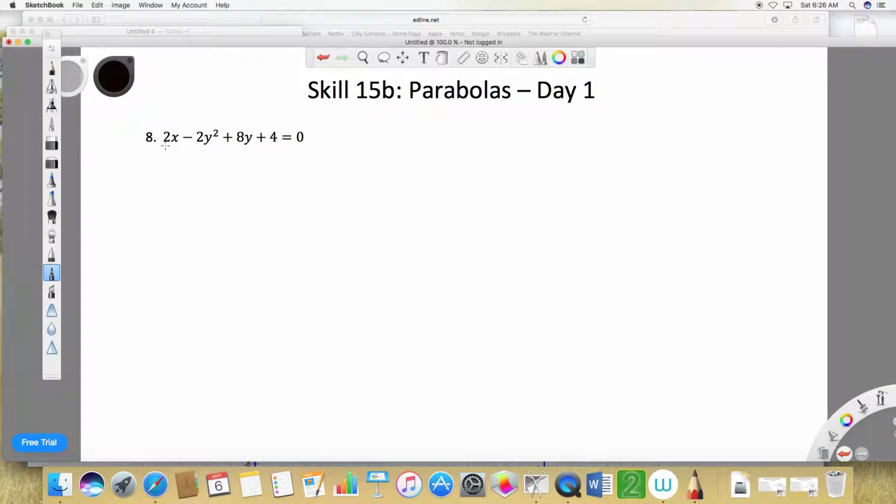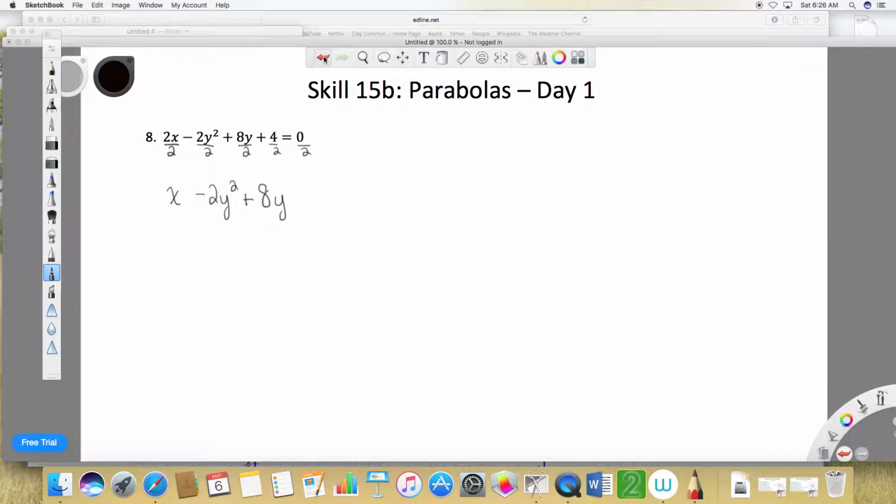If we come in and divide each term by 2, and of course 0 divided by 2 is 0. So we've got x minus 2y squared plus 8y.